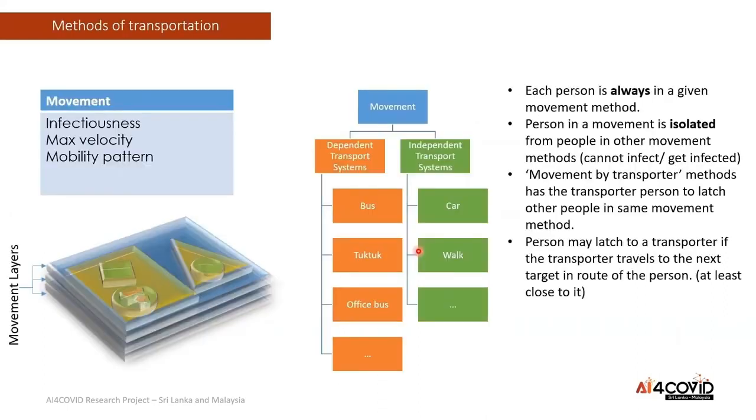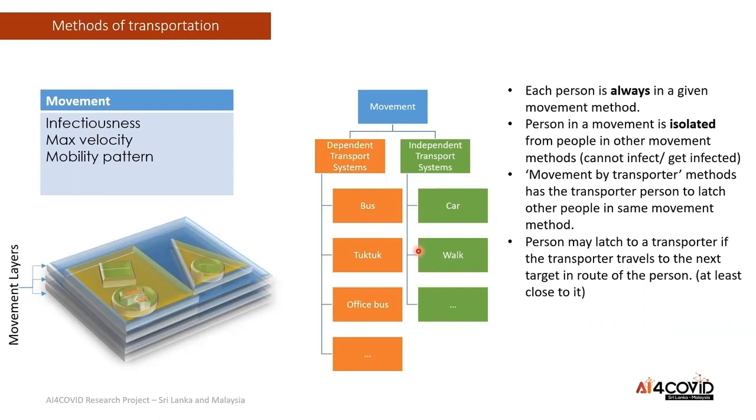Therefore, we need to categorize these movement methods into two different classes, which are called dependent transport systems and independent transport systems. So one person in an independent transport system, for example, if he's using a car, can go around to different places without the help of anyone else.